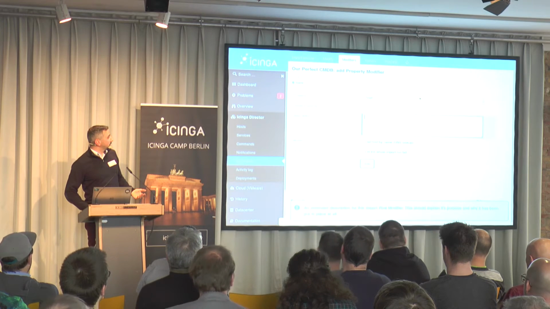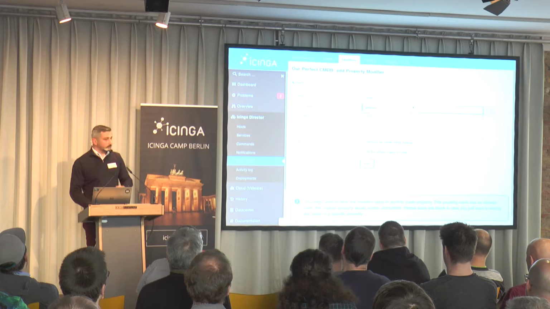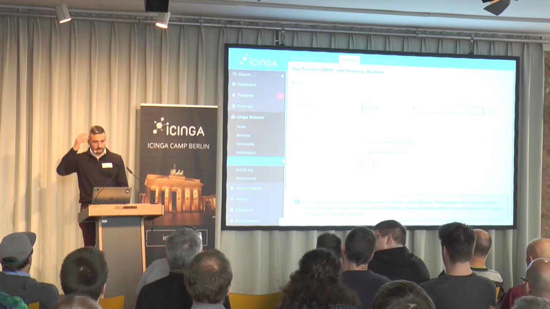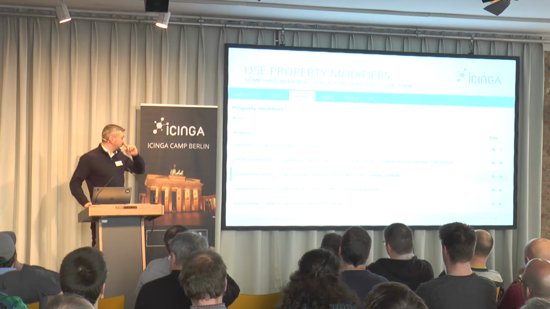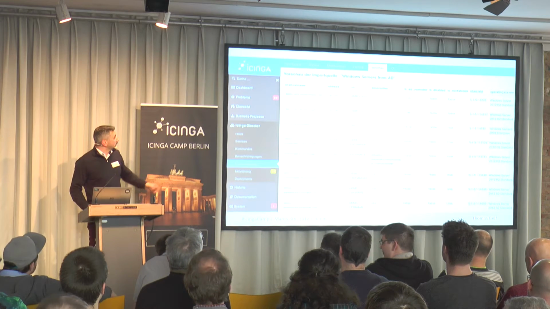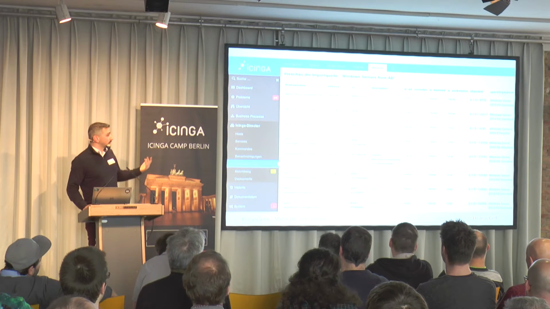So property modifiers also allow you to give a target property, and it would then write it, for example, to the address field, and you have that property in a new one, just to give you an understanding of how it works. And there are some very nice ones, like whether this is a workstation or disabled, as you have seen on the slides. There are nice booleans telling me if it is an Active Directory controller or not.